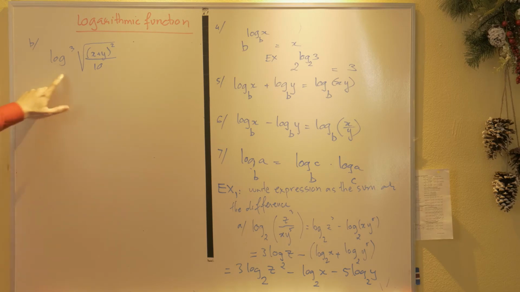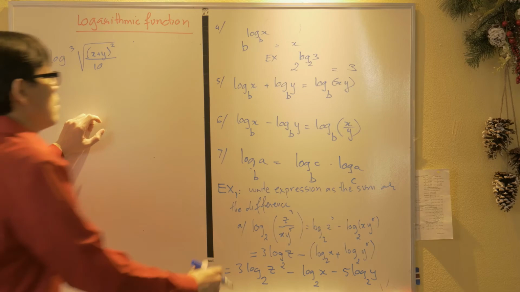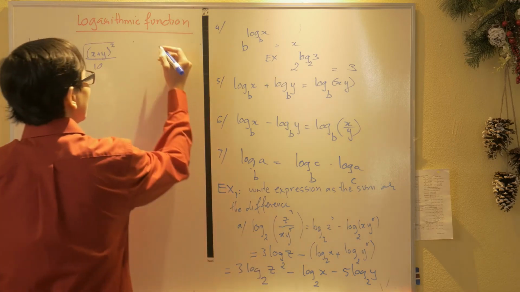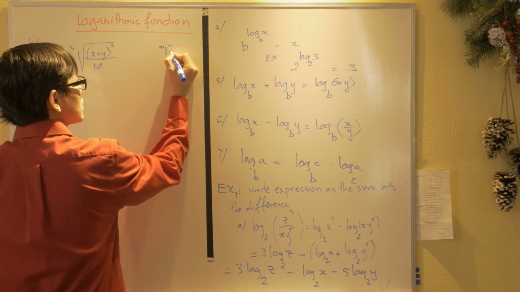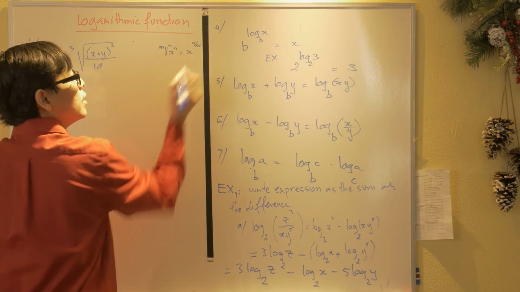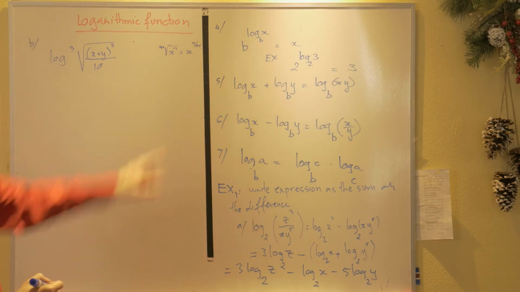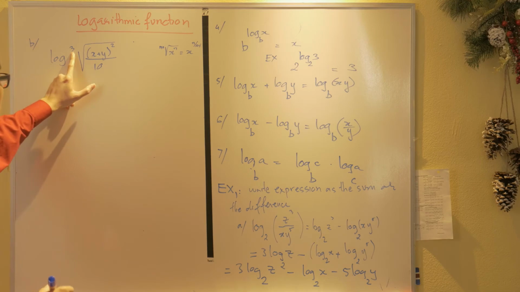Okay, so you see this is log base 10 and this is a cube root. Remember, any root we can bring it to the exponent. Remember this formula? The m root of x to the n is equal to x to the n over m. Okay, we already learned this in intermediate algebra. So this is cube root.